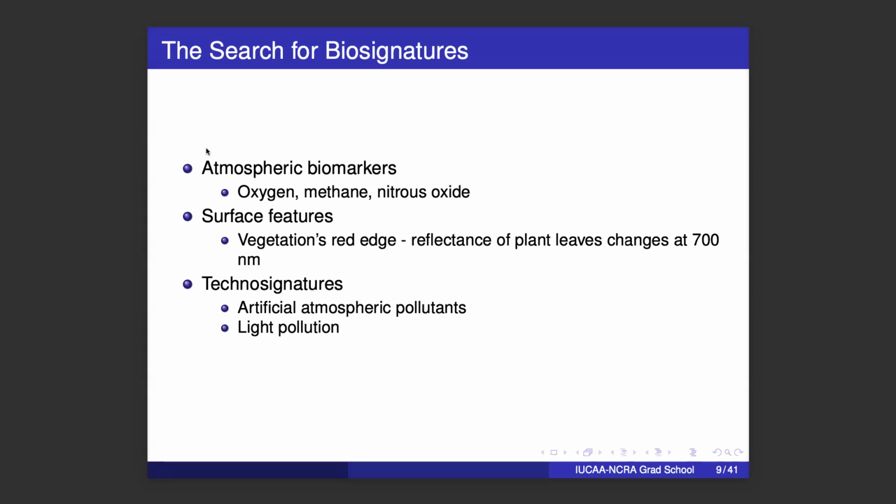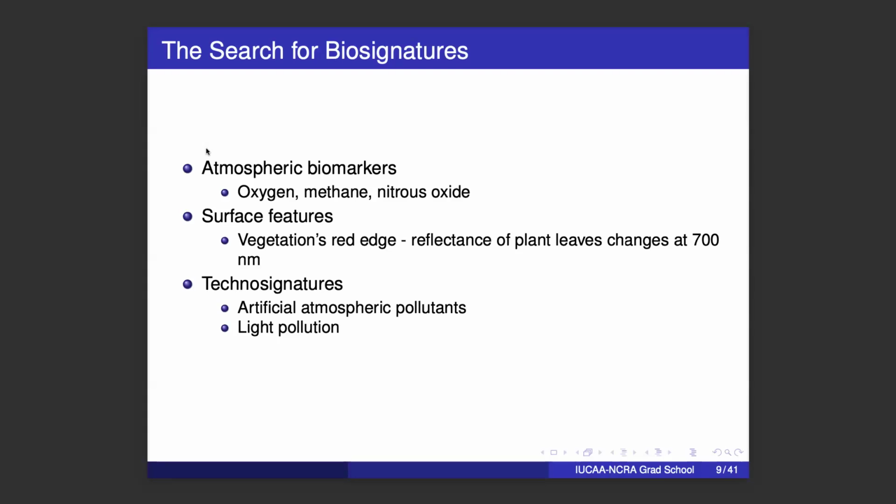So if you take an image just short of 700 nanometers and take an image in another filter longwards of 700 nanometers, then the flux level that you will observe will change drastically in cases where photosynthesis is happening. So if you have a planet which is full of plants, photosynthesis with chlorophyll, then you will be able to detect it. Of course, again, these are all extremely challenging activities.